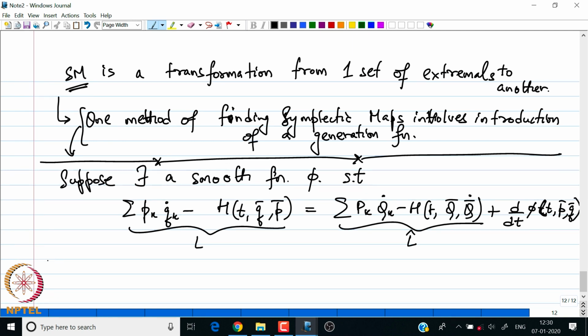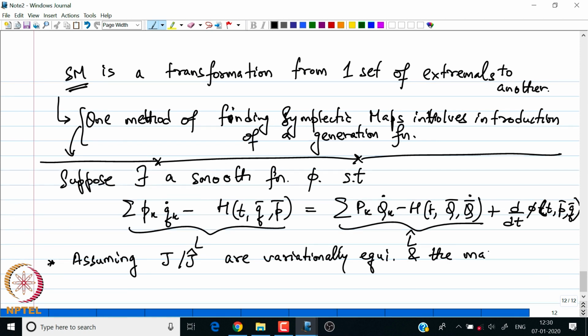Assuming J and J hat are variationally equivalent, so assuming that one set of extremals could be converted to the other set via the symplectic map, that is, the functionals corresponding to these Lagrangians are variationally equivalent, and the map given by q bar of t, q bar, p bar, and p bar is capital P bar of the old variables in the older coordinate frame, is symplectic.